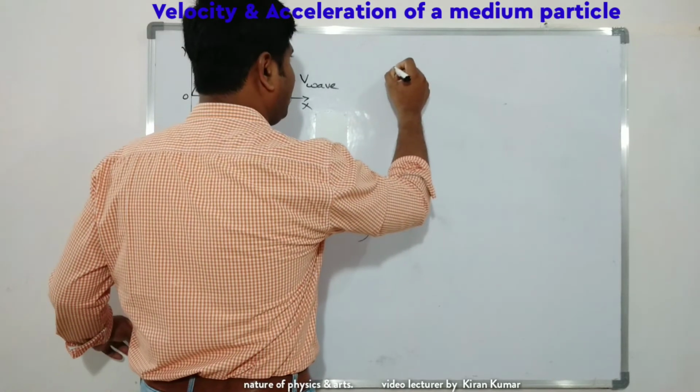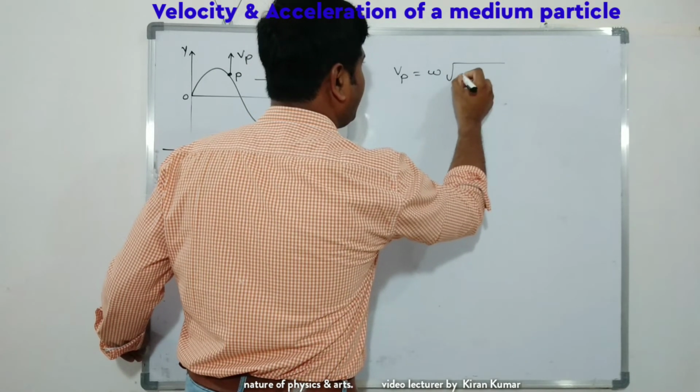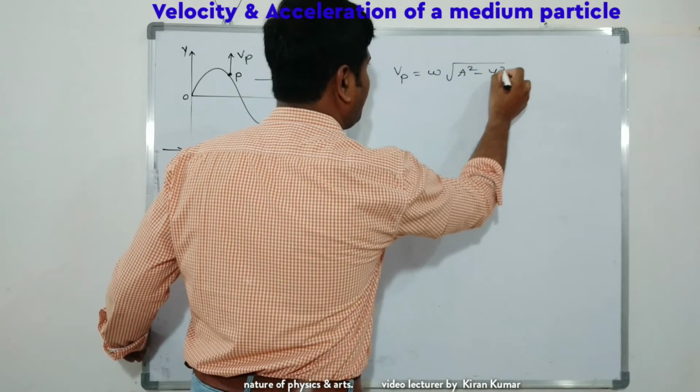The velocity of the particle is equal to ω√(a² − y²).